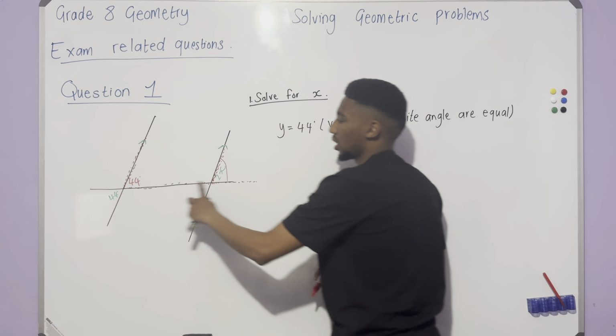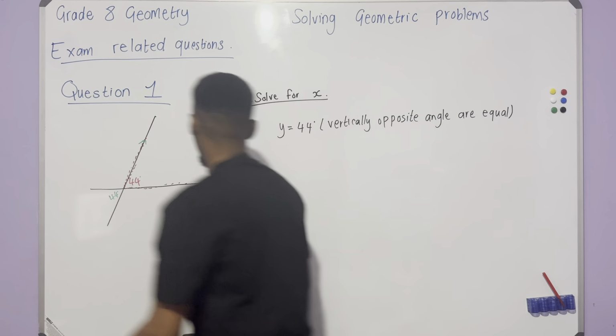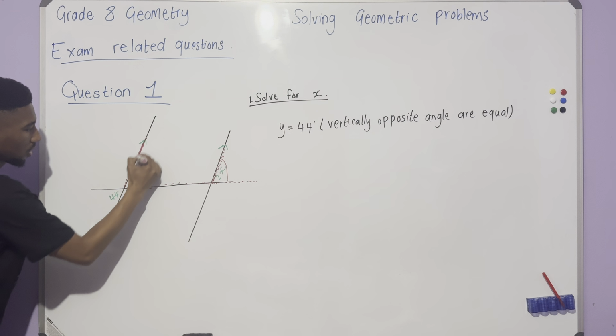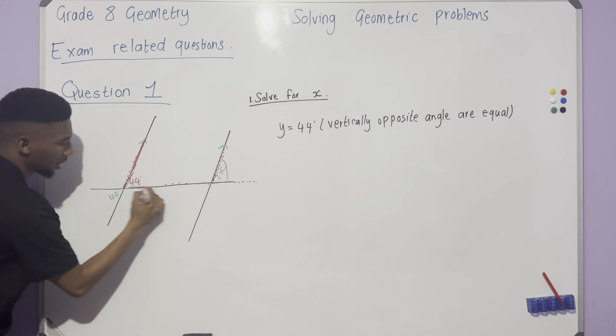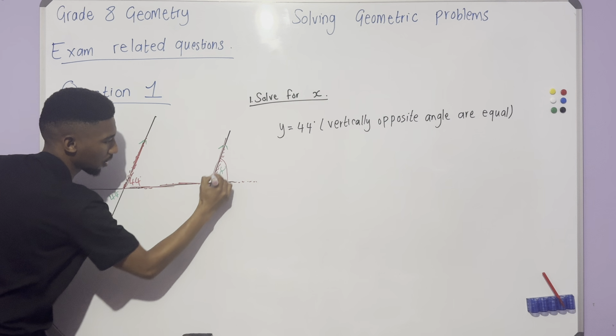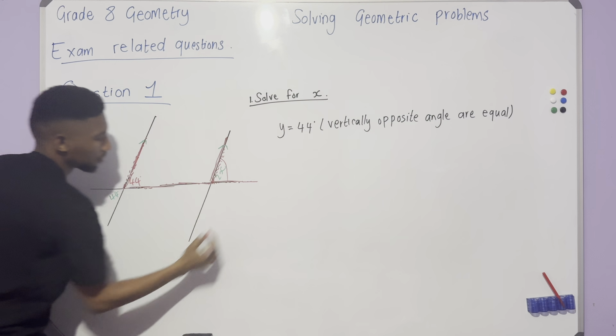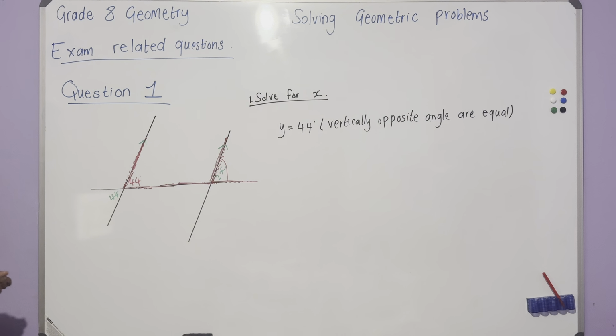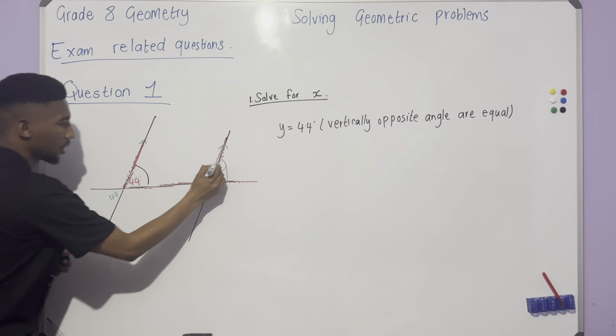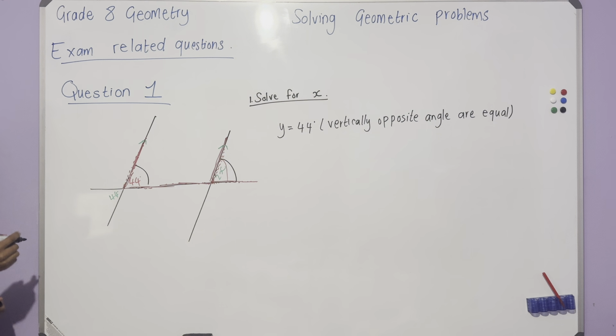You can see that the red lines over there make the letter F. Okay, and we can see that those angles there are now equal.